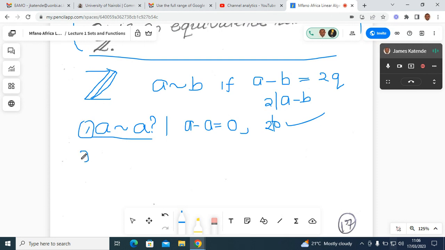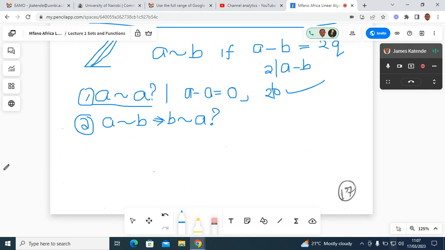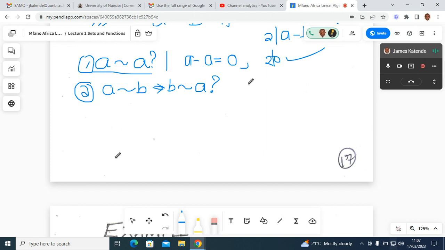Property number 2 that we need to check is that if you have an integer a and another one b, and a is related to b, this should imply that b is also related to a. So let's check this. If a is related to b, then that means 2 divides the difference between a and b.